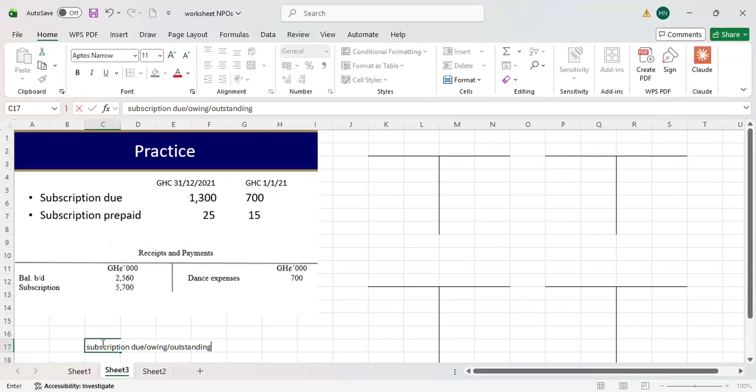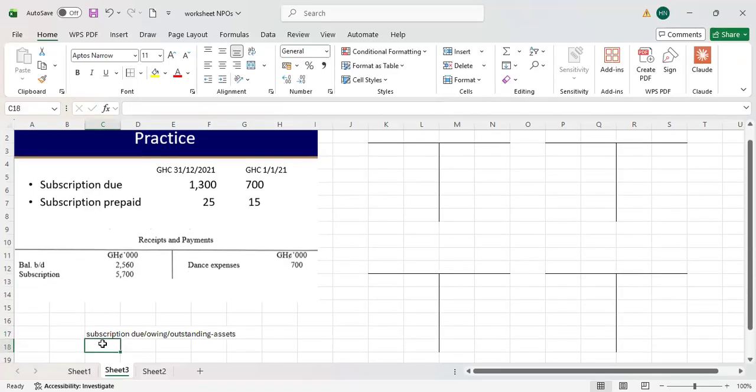Once your members are owing, they are assets to you. And if they have paid in advance, so subscription prepaid, they are liabilities because it means that your members have paid in advance. They have monies with you.